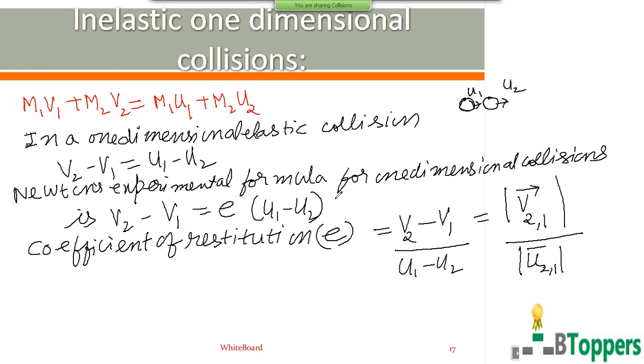If you compare this equation with the earlier equation, you can observe that in the case of one-dimensional elastic collision, the coefficient of restitution becomes 1. So in the case of one-dimensional elastic collision, E can be taken as equal to 1.